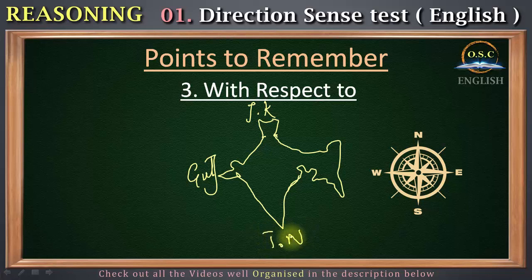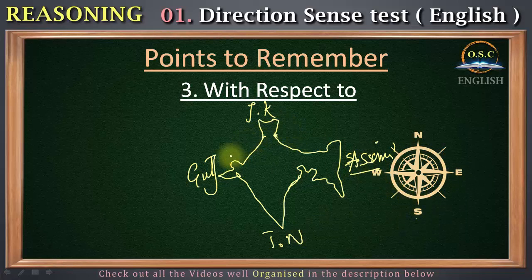Let's consider Assam here. Now tell me, in the India map, Jammu and Kashmir is to the north, Gujarat is to the west, Assam is to the east, and Tamil Nadu is to the south.